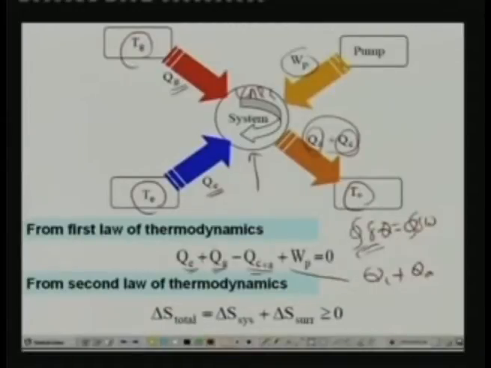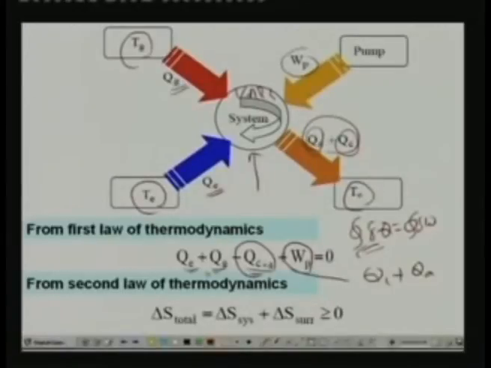QE and QG are positive because you are supplying them to the system. QC plus QA is negative because it is the heat rejected from the system, and the work input required for the pump is also positive because that is also supplied. Whatever is supplied to the system is positive and whatever is rejected from the system is negative. This is how you get the first law, a very simple energy balance.